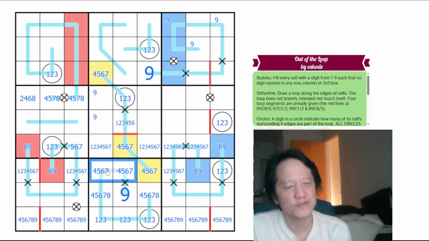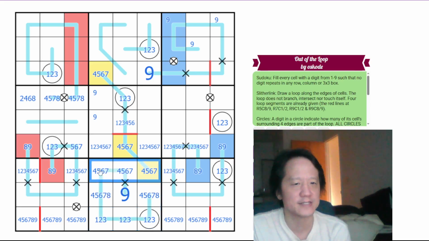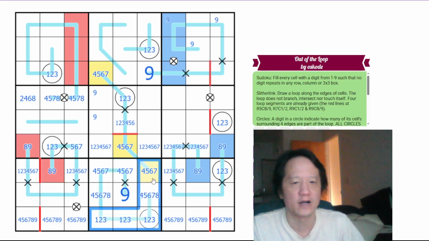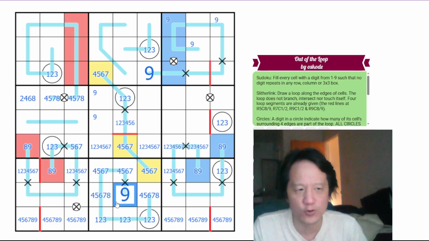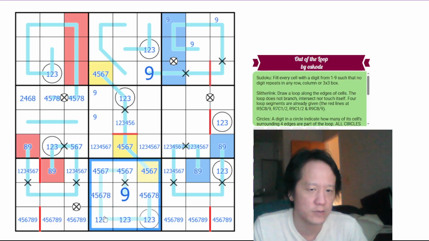So 9 plus 4, 5, and 6 adds up to 15 plus 9 is 24, so this would also be 24, which adds up to 48 for less than a full box of the digits 1 through 9, which doesn't work because 45 is the exact amount you have to add up to.